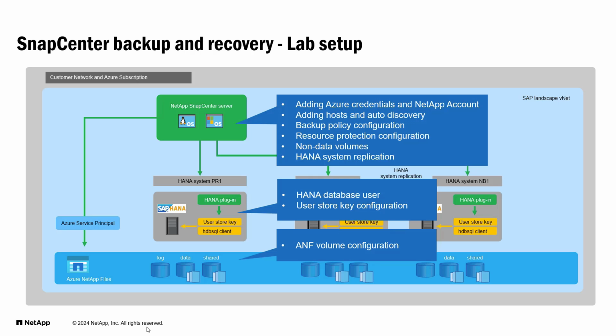Now we will look at the deployment of the HANA plugin and the auto-discovery process. After the deployment is done, the HANA system is available in SnapCenter, and we need to configure the backup policy and the resource protection. And finally, we will briefly touch on the protection of volumes outside of the HANA database and the specifics when using HANA system replication.